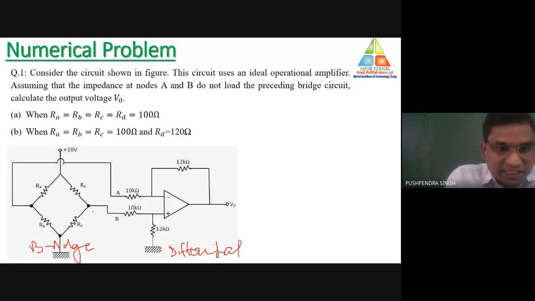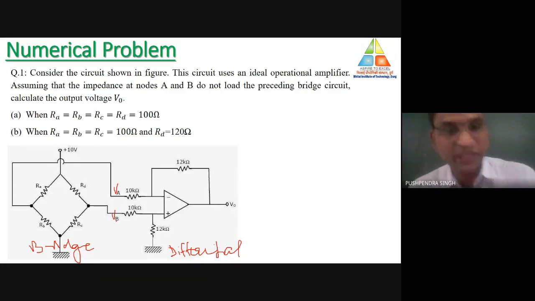So whatever signal is generated by this bridge circuit will be amplified. The signals generated by this bridge are, first, VA, the inverting terminal voltage, and VB, the non-inverting terminal voltage. These are the voltages generated with the help of this bridge, and at the output, what will be the value of output?